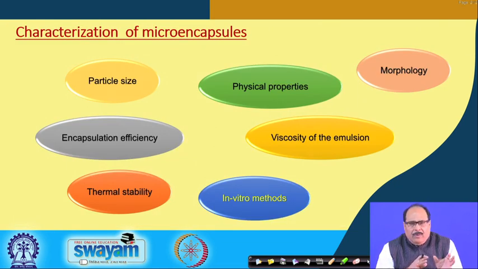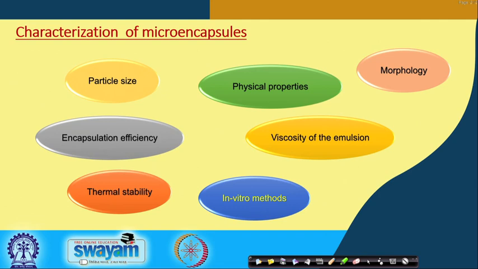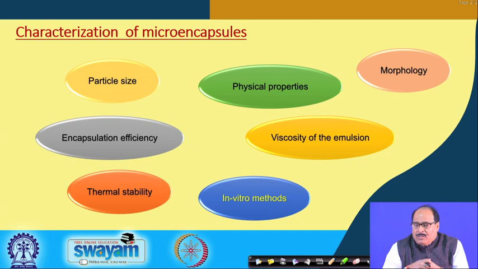So, now having studied the microencapsulation processes, another important aspect is the characterization of microcapsules, and there are various methods in the literature which one can use for the characterization. They include particle size determination or determination of physical properties of the microcapsules, even determination of morphologies.